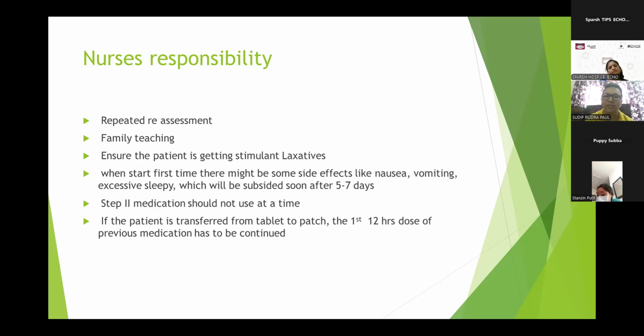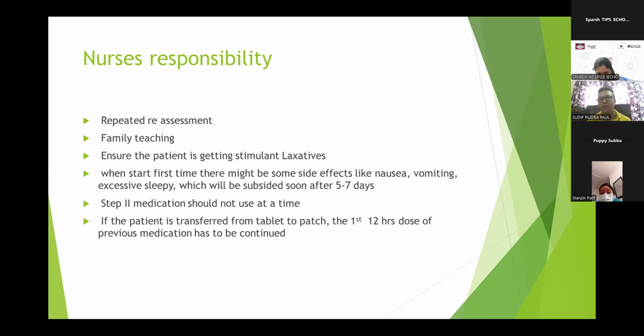If the patient is transferred from the tablet to the patch, in some conditions the first 12 hours of dose should be given by the previous medication, because a transdermal patch takes 12 hours to come into the blood plasma and maintain the baseline pain.